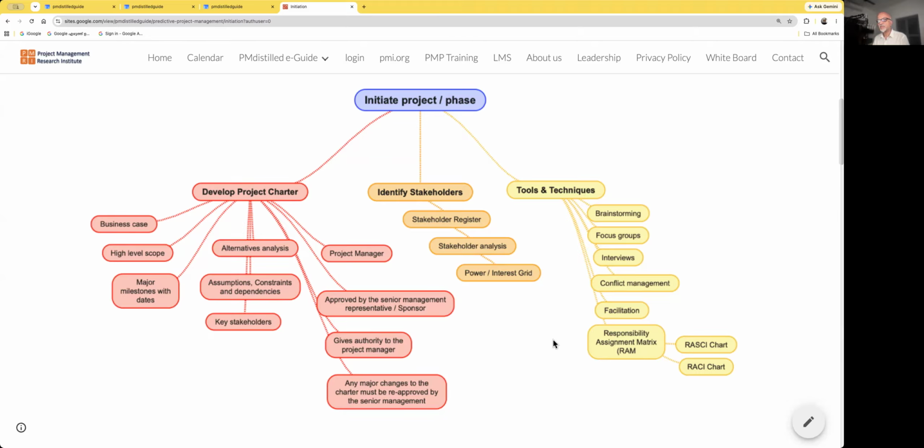Maybe we start a project which doesn't have a business case, or our assumptions are wrong, or some of the constraints are not listed, or we missed out on some of the major key stakeholders to be included in the charter. All those risks can be addressed by creating a proper charter. And this gives a formal start to the project.